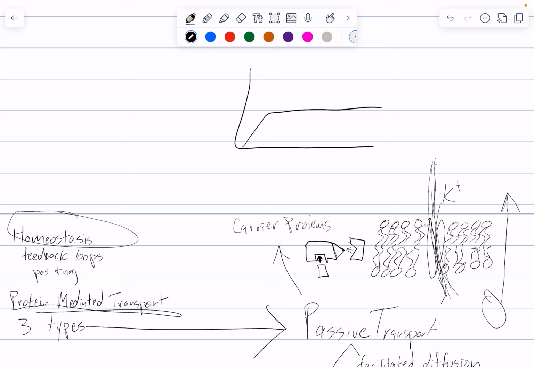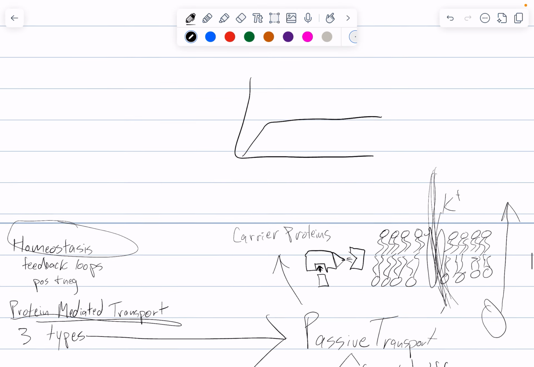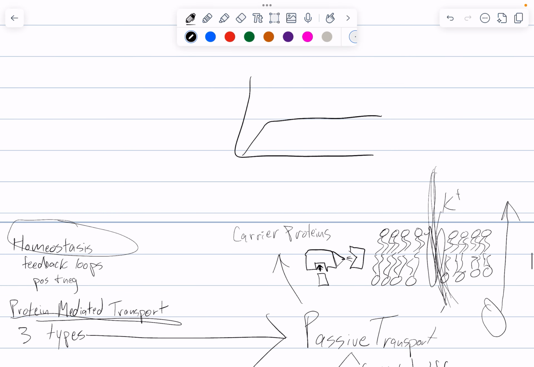Say you're at the movie theater and there's only 4 exits. There can only be so many people going through those 4 exits at once, no matter how many people you have. So you reach a point where you are unable to keep on letting people through, and then you have a steady line. This is saturation.